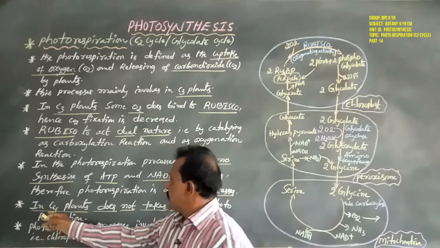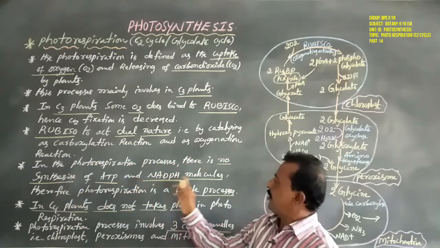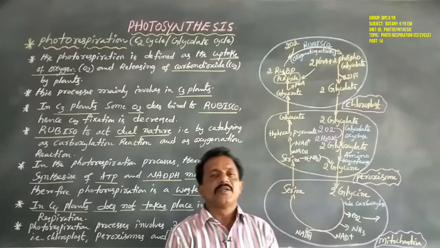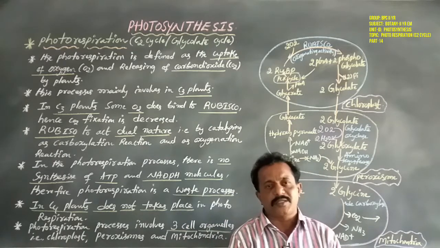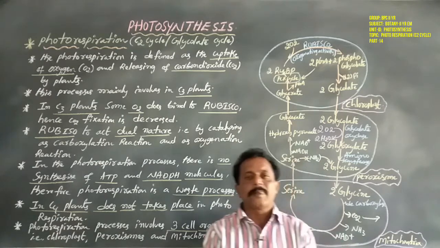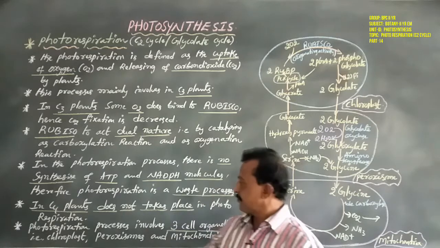Okay? So in the photorespiration process, there is no synthesis of ATP and NADPH molecules. Therefore, photorespiration is a wasteful process. Why? Because in the photorespiration process, there is no formation of ATP molecules and NADPH molecules.